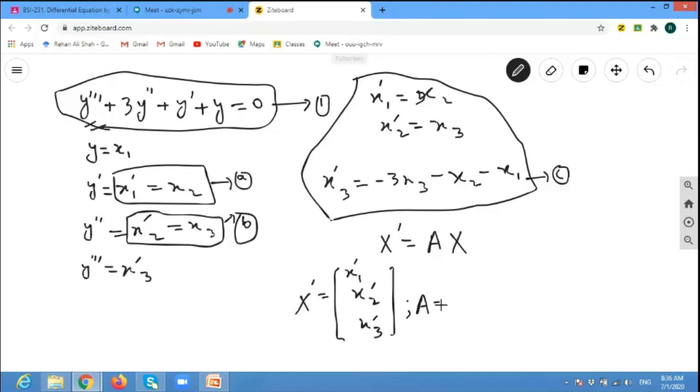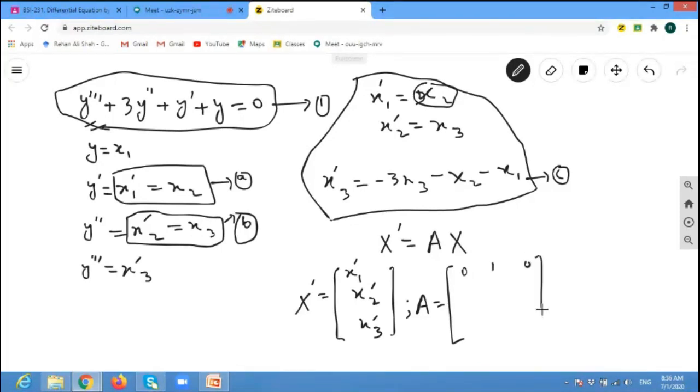Coefficient matrix means the coefficients of x1, x2, x3, all the variables. What is the coefficient of x1 in the first equation? 0. What is the coefficient of x2 in the first equation? 1. What is the coefficient of x3 in the first equation? 0.